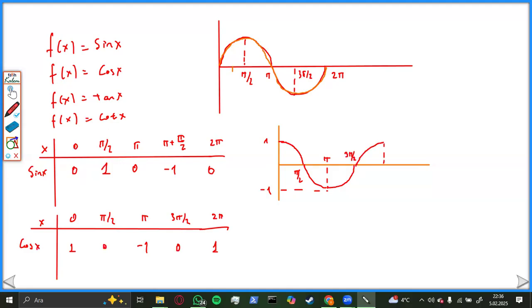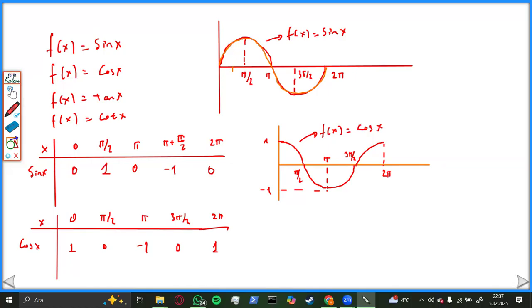And finally, this is one period for the cosine value. So this is the graph of the function sine x, and this is the graph of the function cosine x.